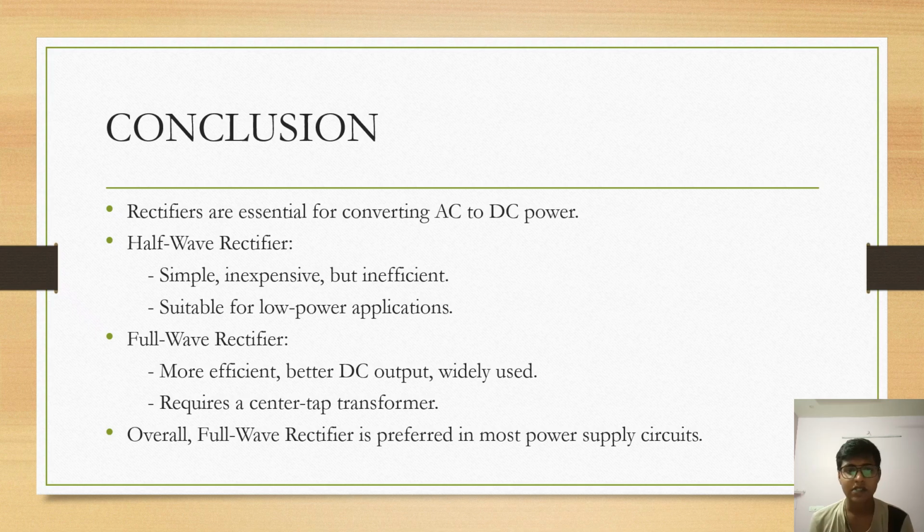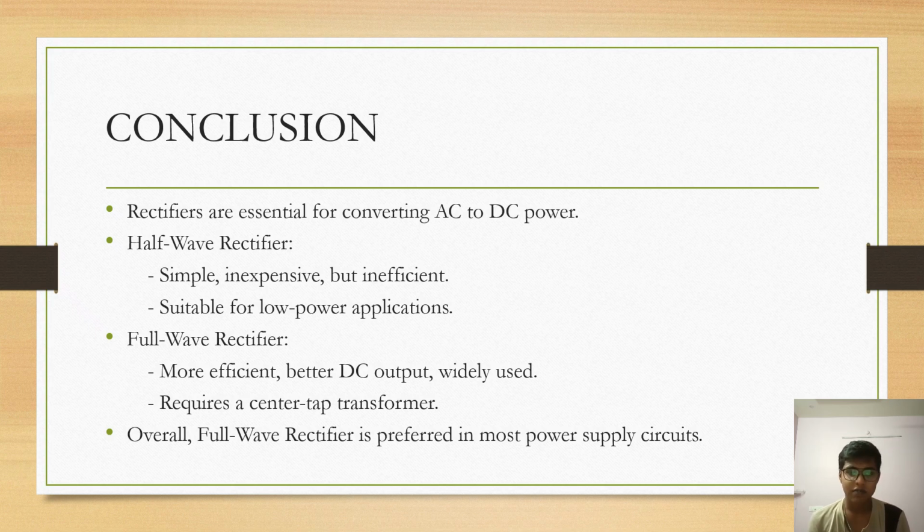Conclusion: rectifiers are essential for converting AC to DC power. The half wave rectifier is simple and inexpensive but inefficient, suitable for low power applications. The full wave rectifier is more efficient with better DC output, widely used, and requires a center tap transformer. Overall, the full wave rectifier is preferred in most power supply circuits.